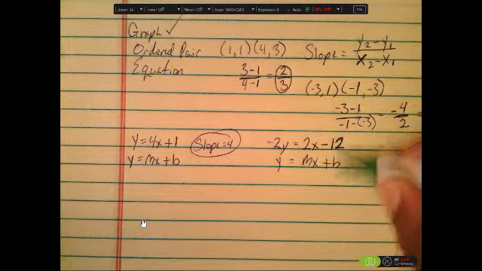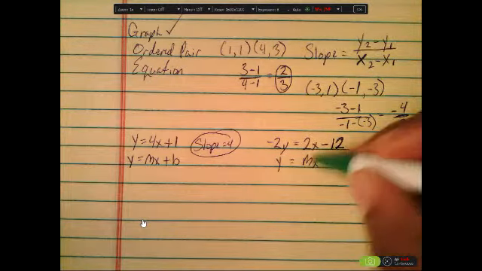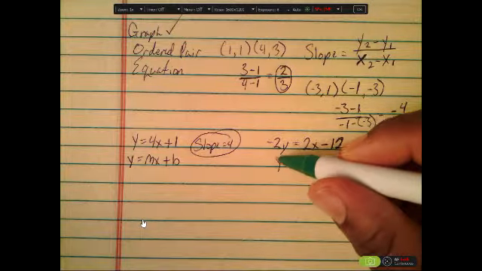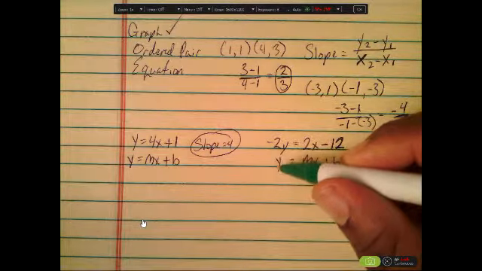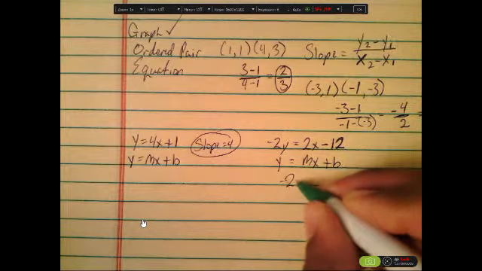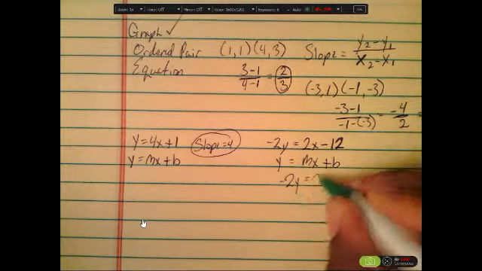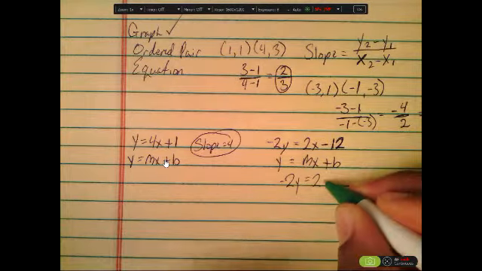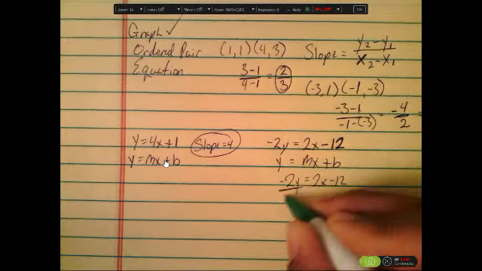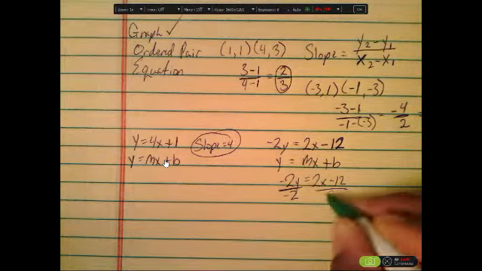Your y-intercept looks good. Your slope looks good. Uh-oh, that y is not by itself. So that means we've got to get the y by itself, all right? And we can do that simply by using the inverse operation and dividing both sides by -2, okay?